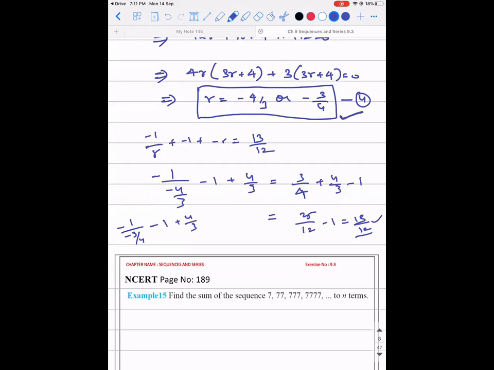You can have any of the common ratios. What is given in the textbook? They're given both, sir. Both are satisfying. Okay, both satisfy, so you have to verify.